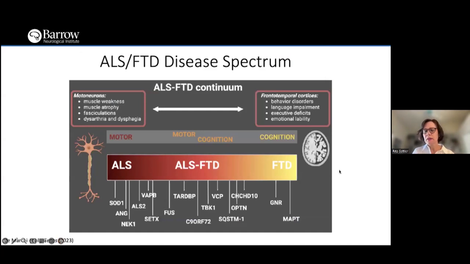The one disease that we're studying in the lab is this ALS-FTD disease spectrum. This is really an interesting disease spectrum, or people now call it a continuum, between a motor neuron disease and a dementia, in particular frontotemporal dementia. This was a disease recognized individually when it was initially found, where we have a motor neuron disease that causes muscle weakness and muscle atrophy.